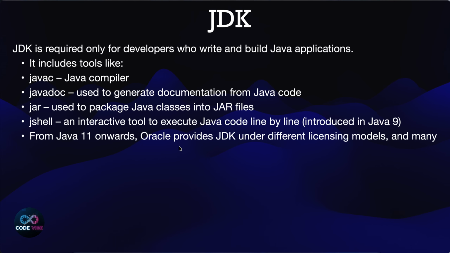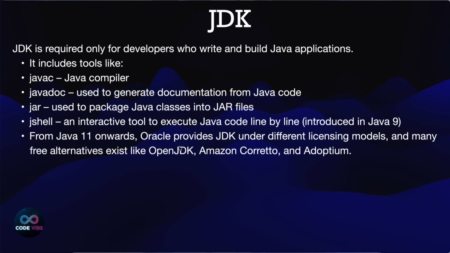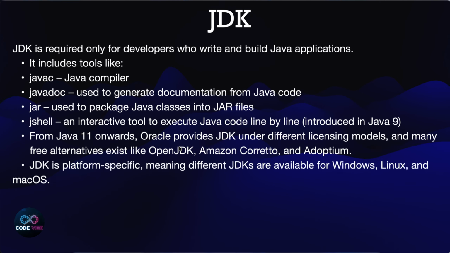From Java 11 onwards, Oracle provides JDK under different licensing models, and many free alternatives exist like OpenJDK, Amazon Corretto, and Adoptium. JDK is platform specific, meaning different JDKs are available for Windows, Linux, and macOS.